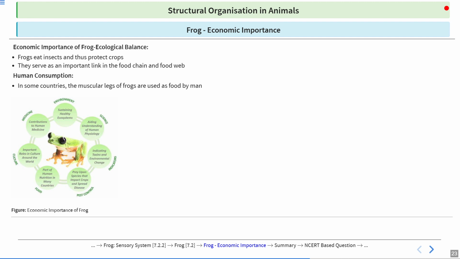They reduce the economy in that way also, because they reduce the yield of the crop, and the yield of the crop is directly related to the economy of our country, right? So they are working as pest control. So in that way, frogs are very, very important.